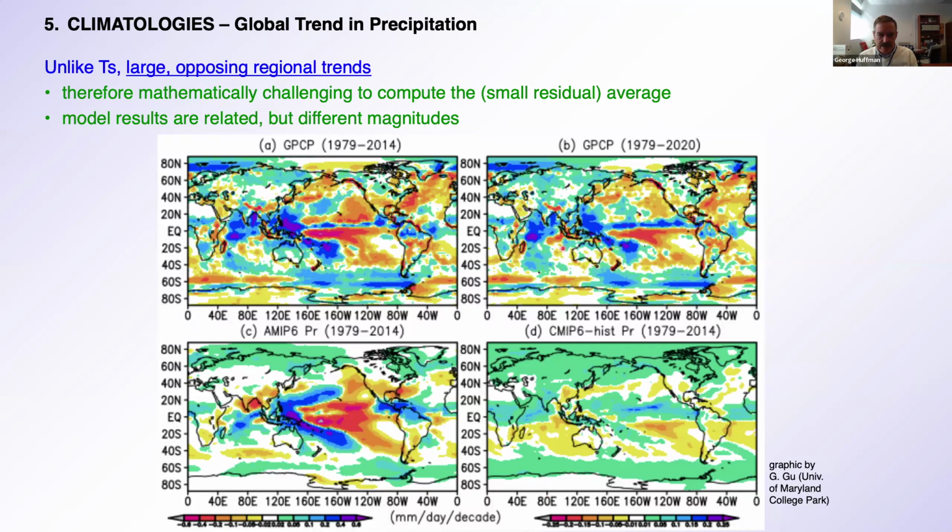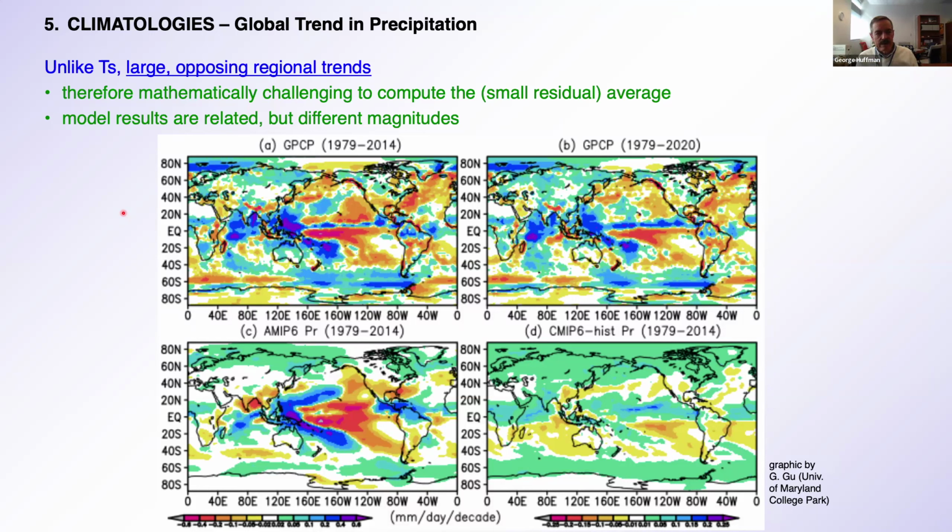One reason to show this is that the global trend is actually very small, but the regional trends are large. If you know your math, what this should alert you to is that if you have large opposing numbers, and you're going to have trust in the total of those large opposing numbers, you need to know each of those large numbers to the accuracy of what's left, the residual when you add them together.